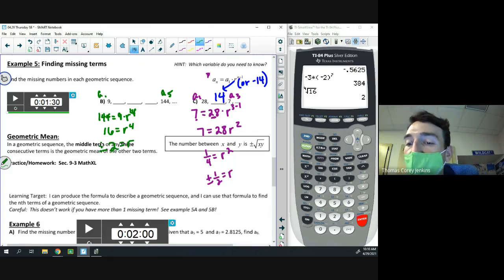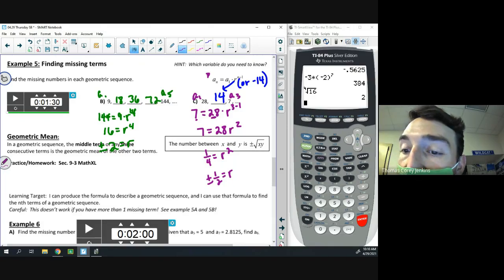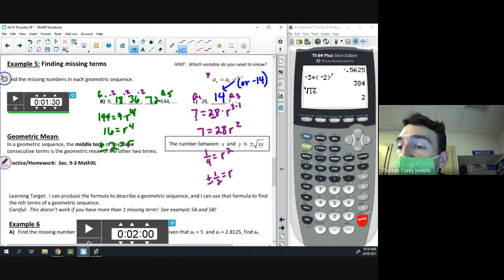All right, so that means that if it's positive 2, then 9 times 2 would be 18. 18 times 2 would be 36. 36 times 2 would be 72. Okay? And then 72 times 2 would be 144.